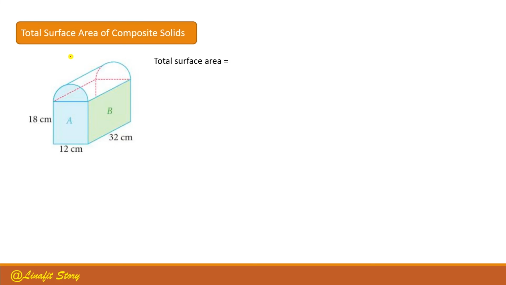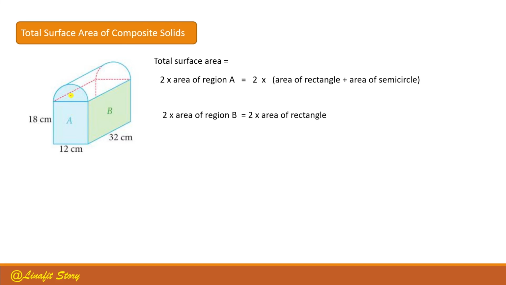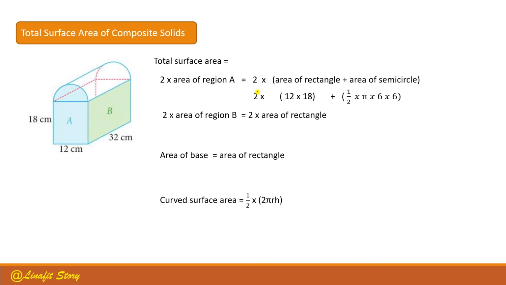Now we will find the total surface area of these composite solids. This figure consists of two areas of region A. In region A, there are a rectangle and a semicircle, and then two areas of region B. Region B is a rectangle, and then the area of the base is the rectangle, and then the curved surface area. 2 times area of region A is 2 times length times breadth, 12 times 18, plus the area of the semicircle is 1/2 times pi times radius times radius.